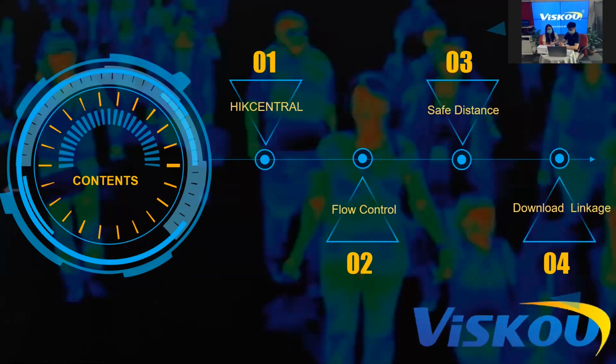Besides that, as I mentioned just now, Hikcentral is a server-based software. So it means you can log in one account on different PCs. On every PC, you can do configuration, you can see live view, playback, and other permission. But IBMS 4000 cannot do it. IBMS 4000 is a standalone software.